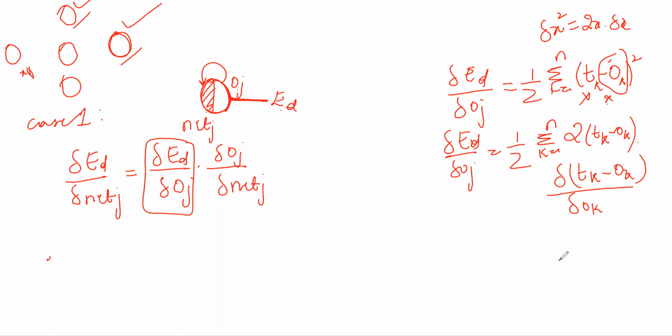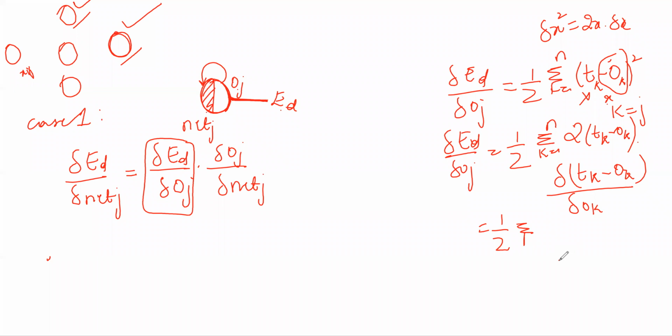What I do over here is, I consider k equal to j, which means the output unit that I'm going to consider is the jth one. So I'll write everything with respect to j. So it is 1 by 2 summation of j equal to 1, into 2 times (Tj minus Oj) into the derivative of x with respect to x, which is equal to 1.